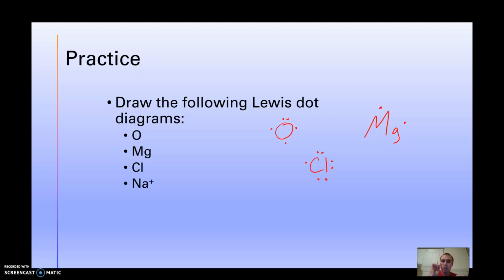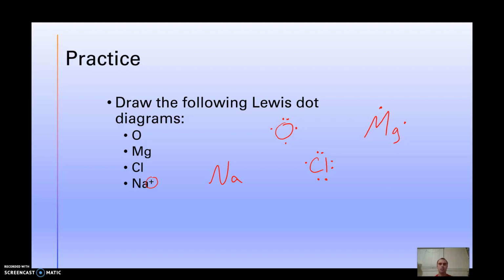Next one is Na+. This is the sodium ion, Na+. This means that we have a change in the number of electrons. It has a positive charge, so if we have a sodium atom, sodium is number 11, so it has 11 protons and 11 electrons. It's in the first column, so it has 1 valence electron.